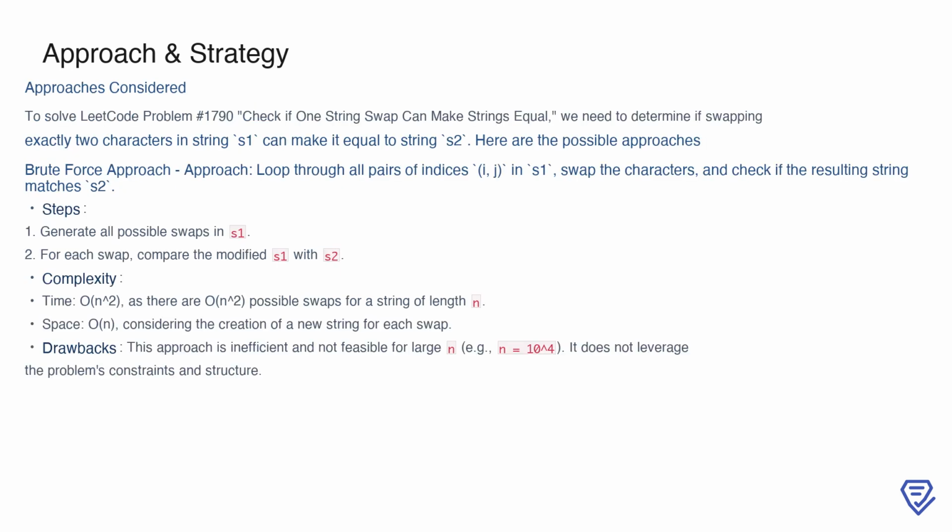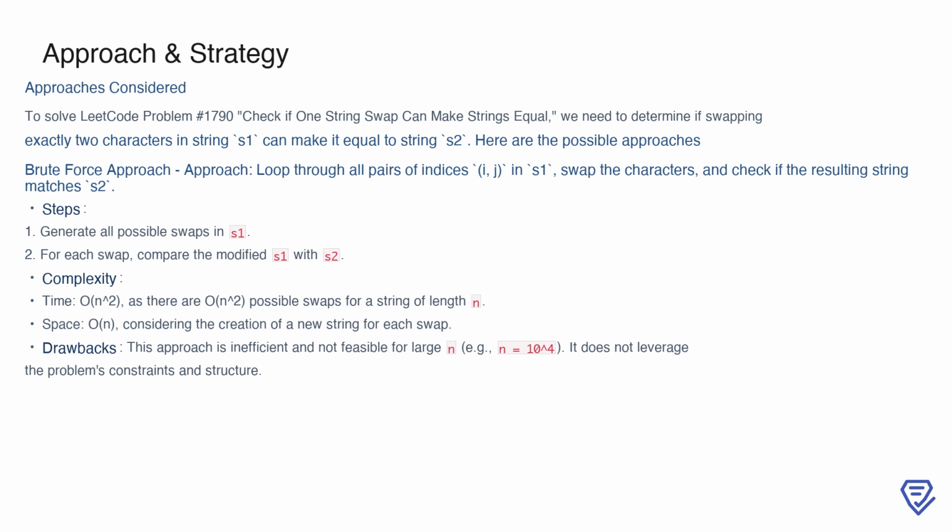To tackle this problem, our goal is to determine if swapping exactly two characters in s1 can make it equal to s2. One approach we could consider is the brute force method. In this approach, we systematically try all possible pairs of indices in s1, swap the characters at those positions, and check if the modified string matches s2. While the steps are straightforward, generate all swaps and compare each resulting string to s2, this method is computationally expensive.